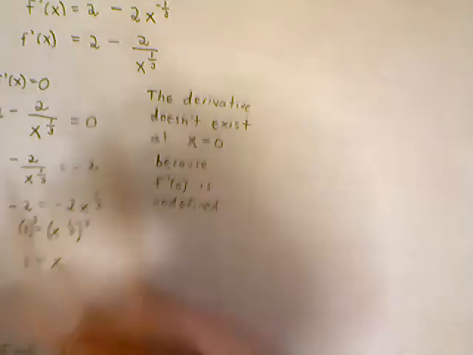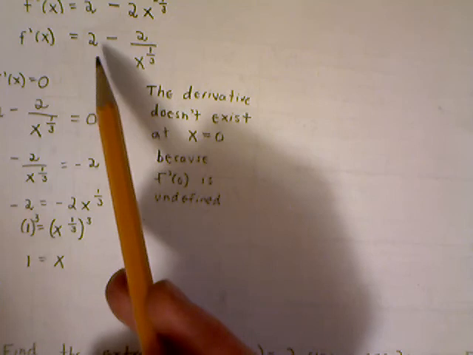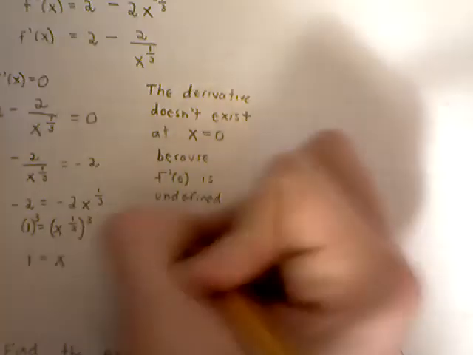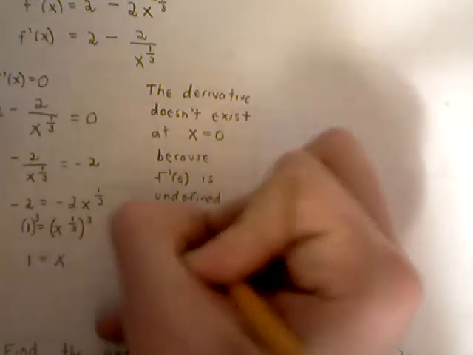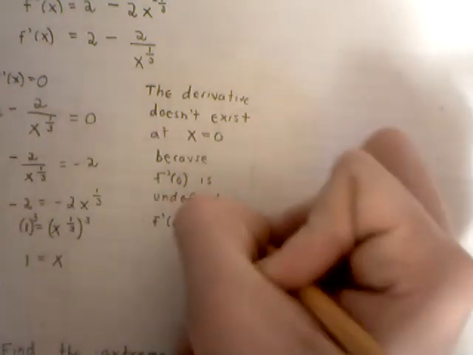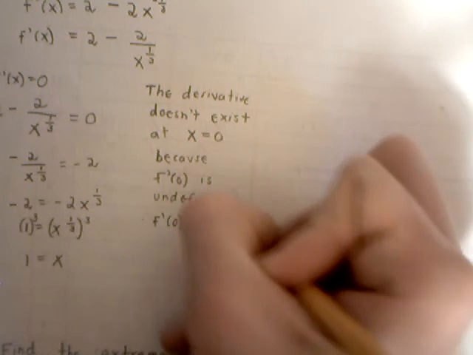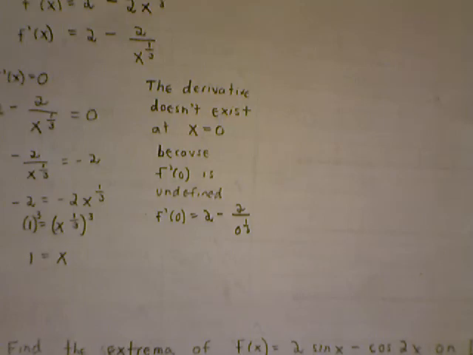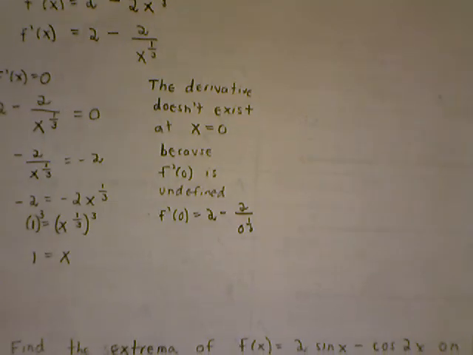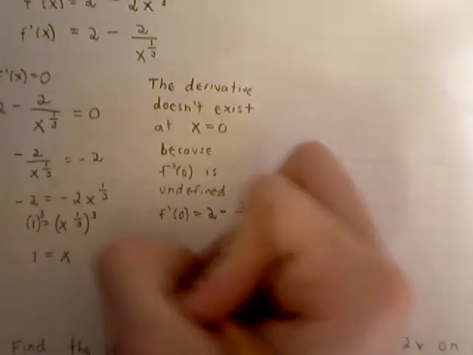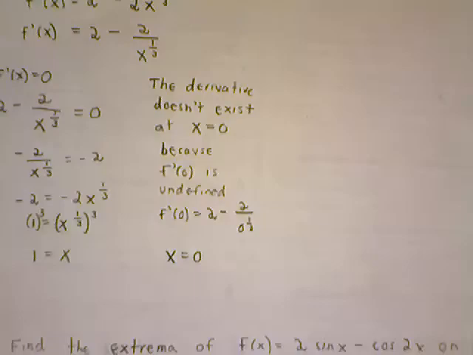So I know that f prime of x is what we just found. If I try and plug in 0, I'm going to have 2 minus 2 over 0 to the 1/3. That's not allowed. You can't have 0 in the denominator. That is undefined. So x equals 0 is also a critical number.